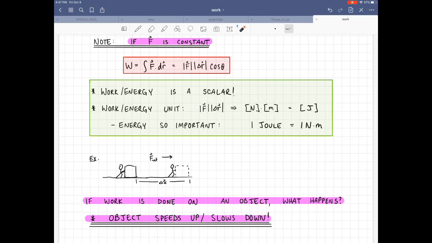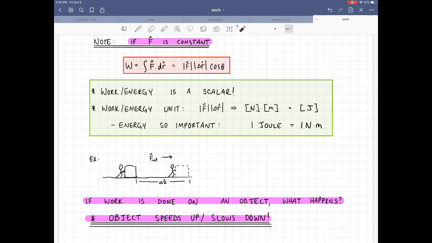So go back to my example. I am pushing on this block. There's a net force to the right. The block has moved through some distance. There's some displacement for the block after whatever time interval this is. So if work is done on an object, what happens to the object?